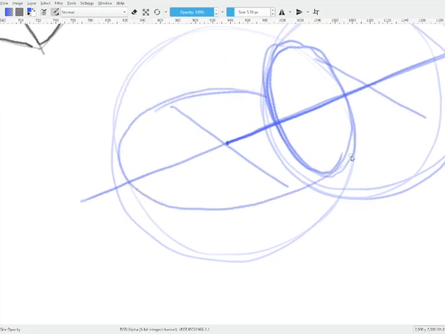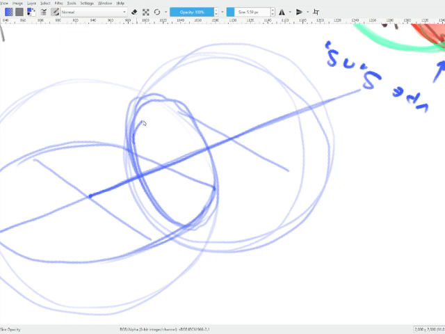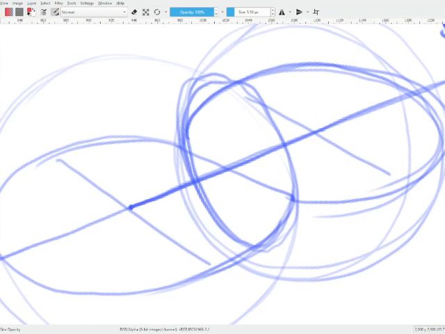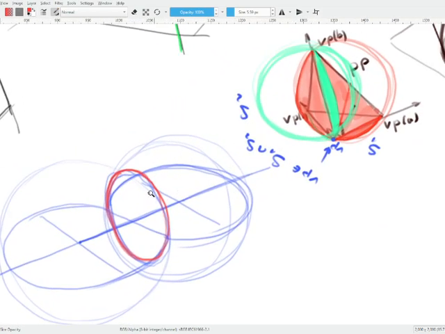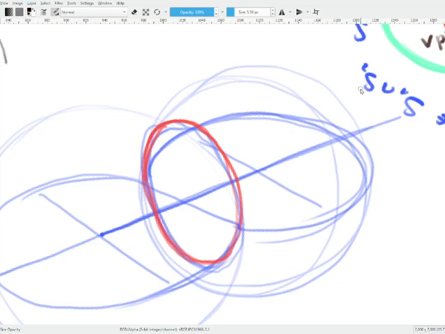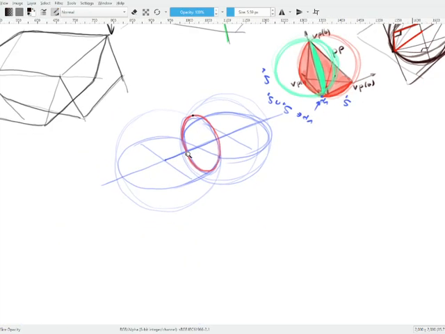So we have these sections for these spheres. And we have an intersection in red. And somewhere on this half sphere, we will have our point.